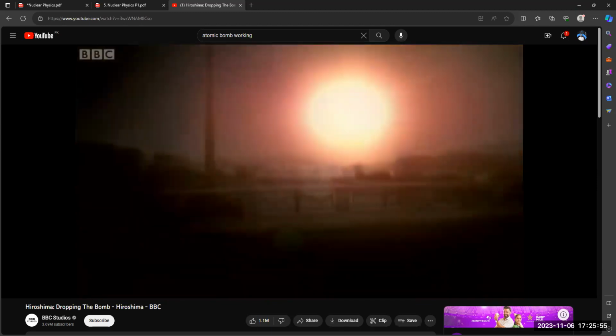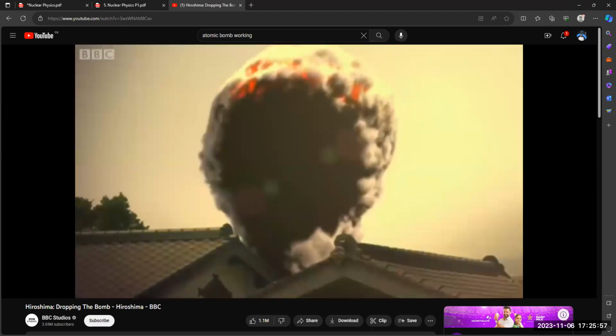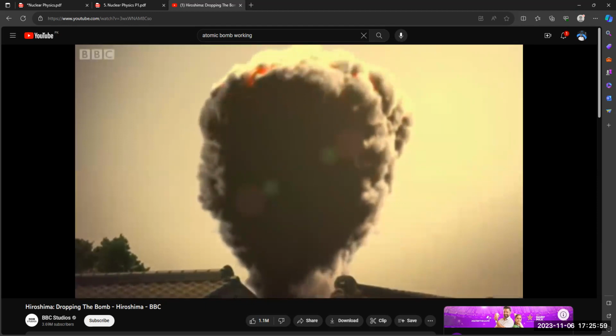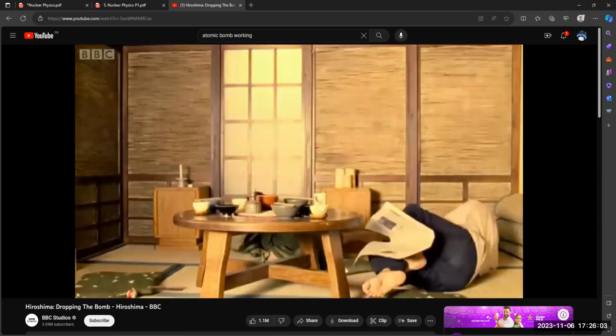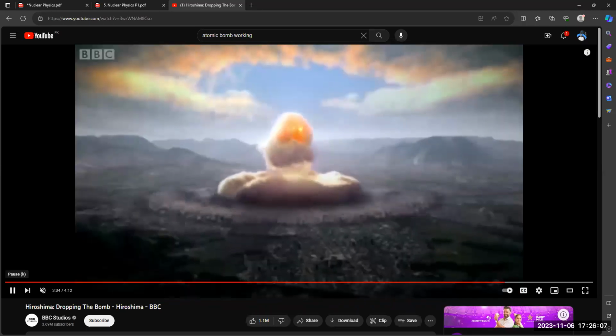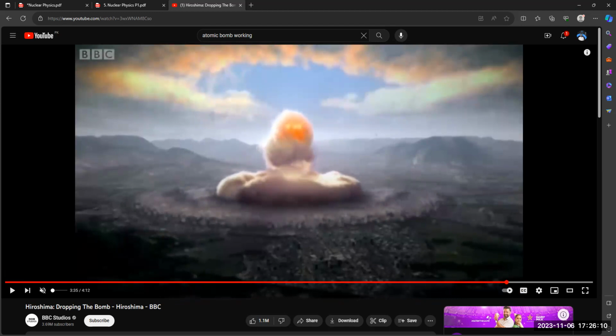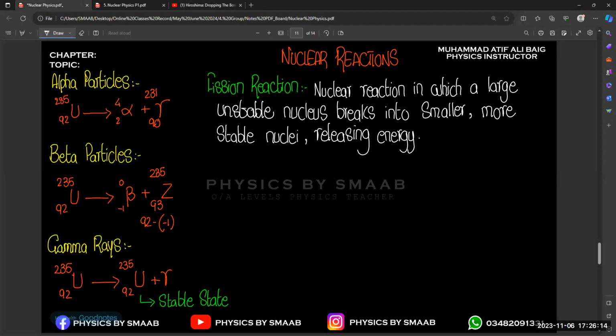Okay, but this process is not very safe, so we are not able to perform this experiment very openly, just like the other processes of windmills and any other reaction to produce electricity. So we have to perform this nuclear reaction far away from the town or the city, because we know that there are very harmful effects of nuclear radiation.